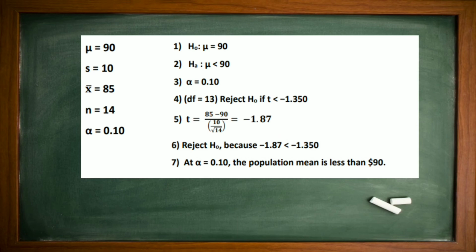And then, reject the null hypothesis if T is less than negative 1.350. So, dito po, yung ginamit natin is T distribution. Bakit po? Kasi po, our sample size is less than 30, which is 14 lang po.